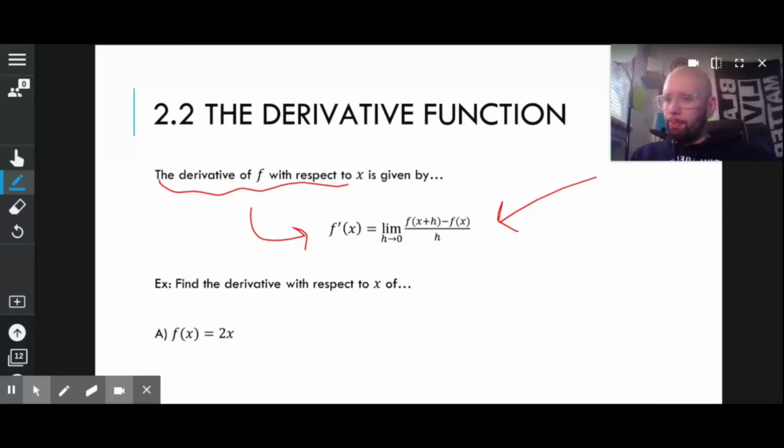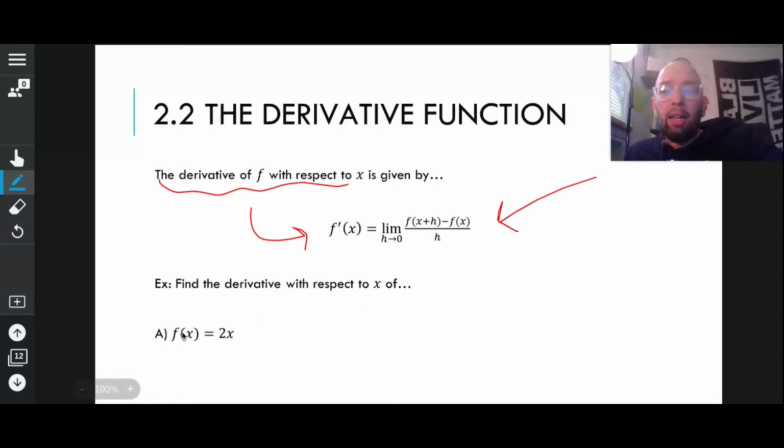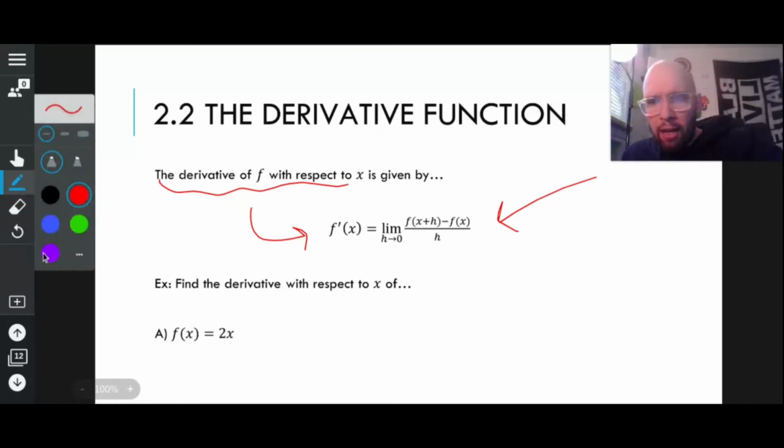So let's do it. So there's f of x. I need to use that formula right there to find the derivative, to find f prime of x, pardon me. So I know what f of x is. No need for me to repeat it.